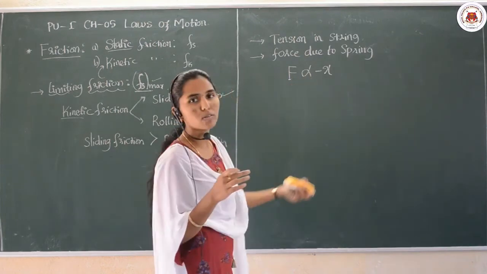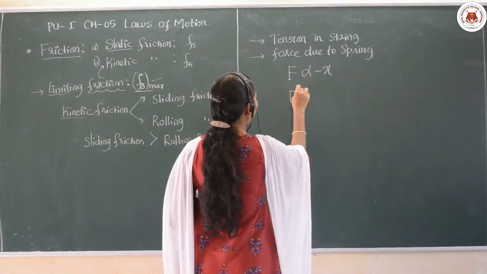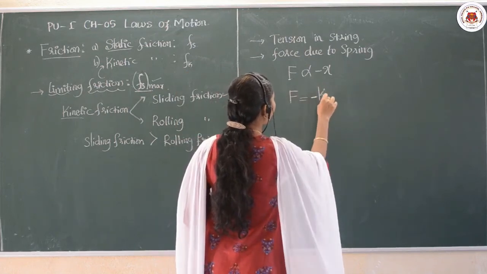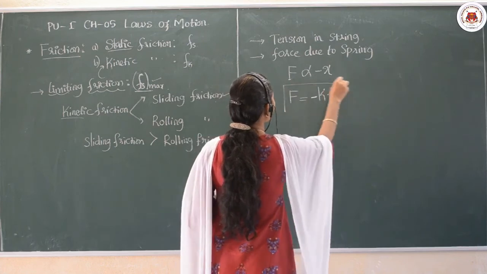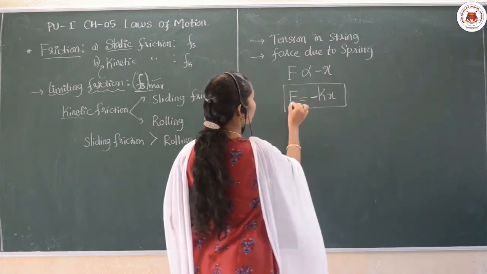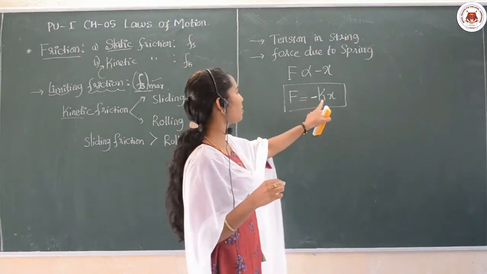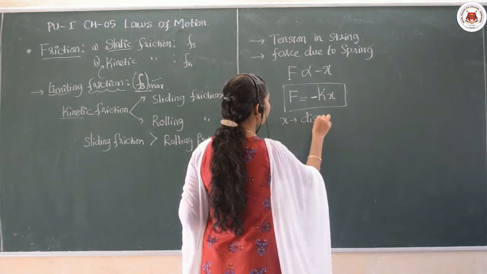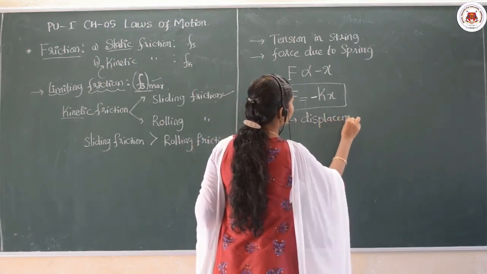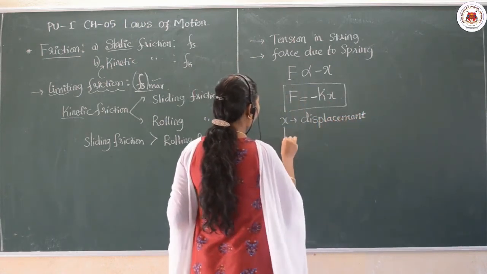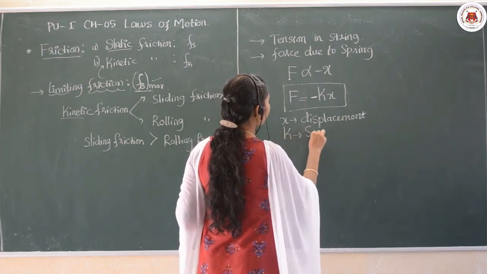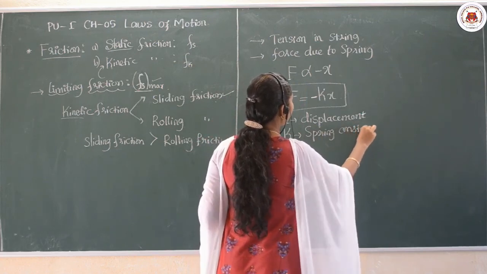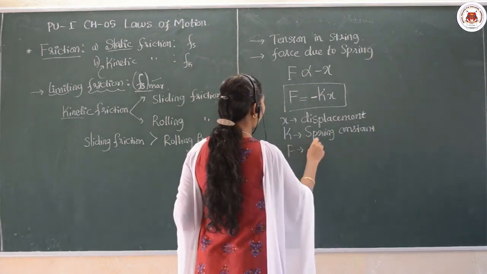And when you use the equal to symbol, one constant should be used. That constant we call K. Therefore, the restoring force or spring force F can be given as F = -KX, where X is the displacement of the spring, K is called the spring constant, and F is called the spring force.